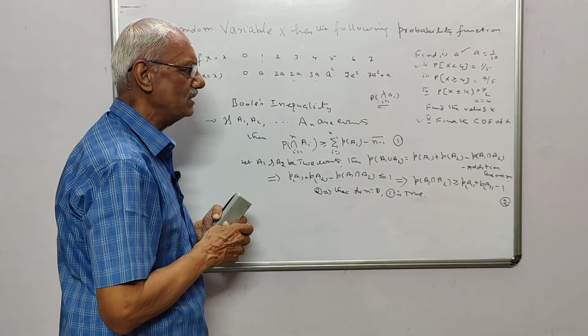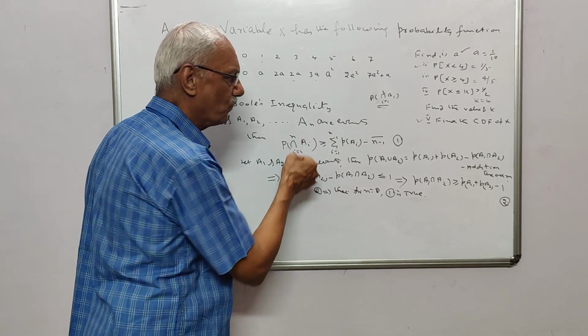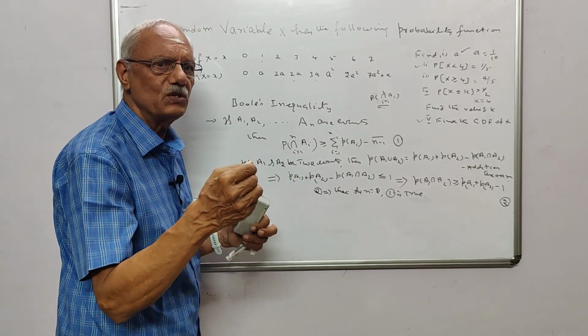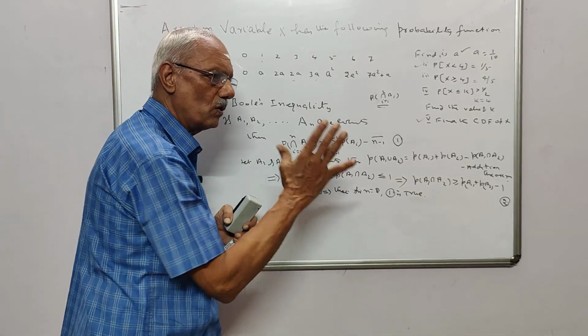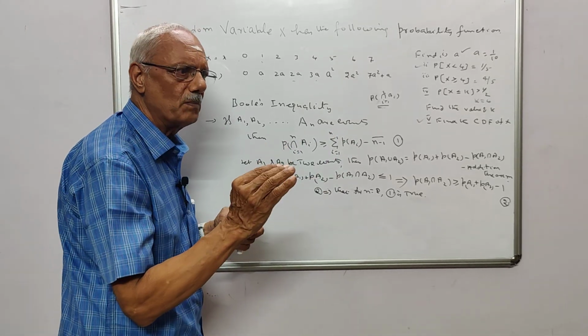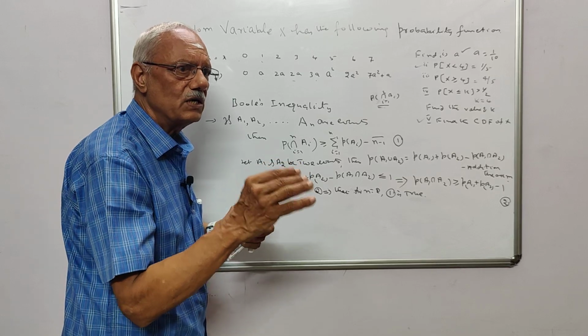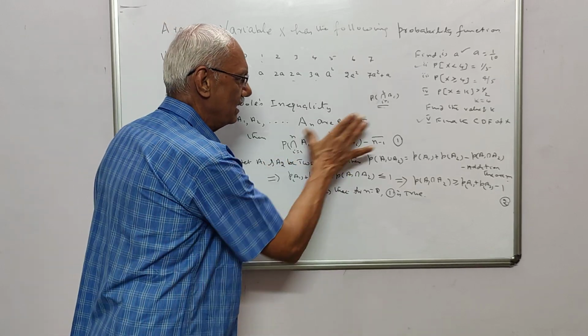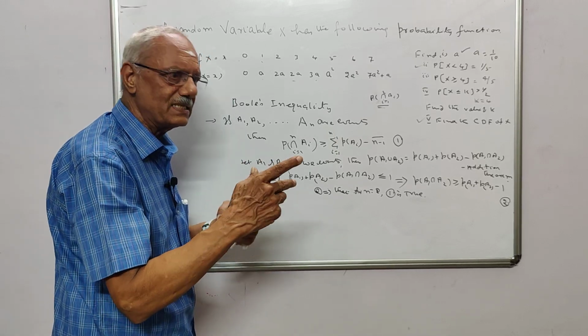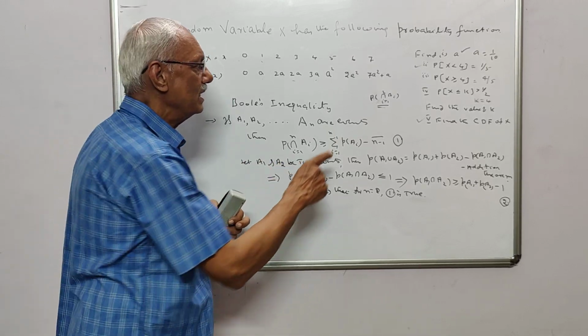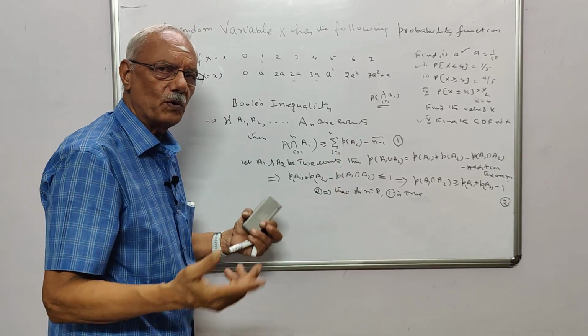So let me now assume that this is true for some number n equal to r, where r is a positive number. And if I can prove that for the next immediate r plus 1 this is true, then my problem is solved.